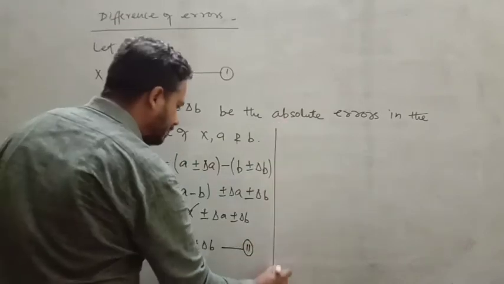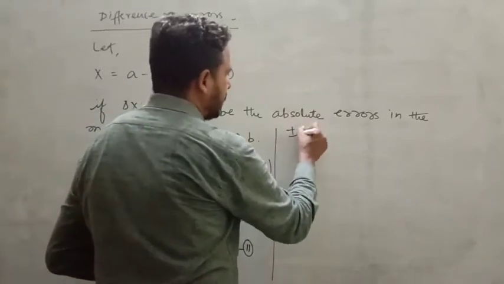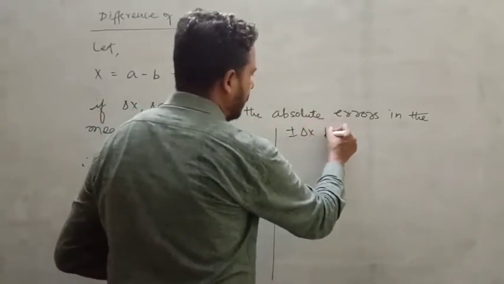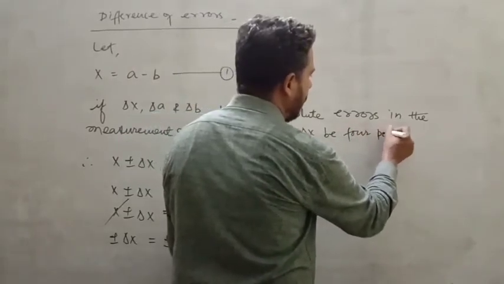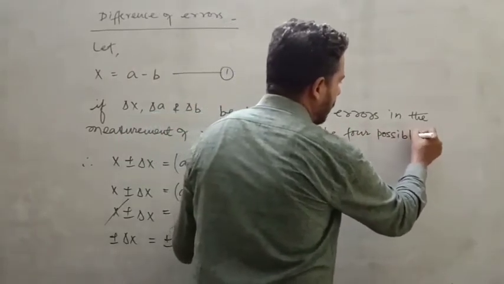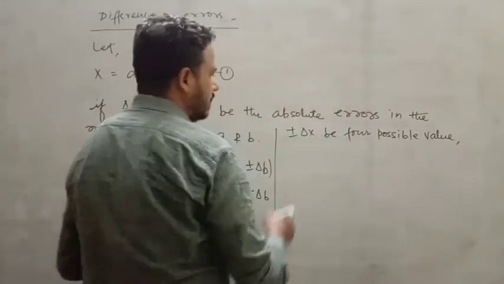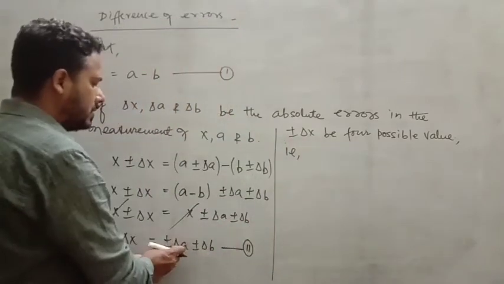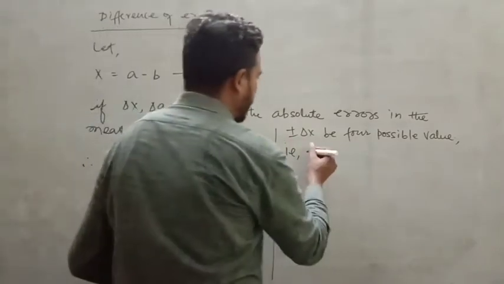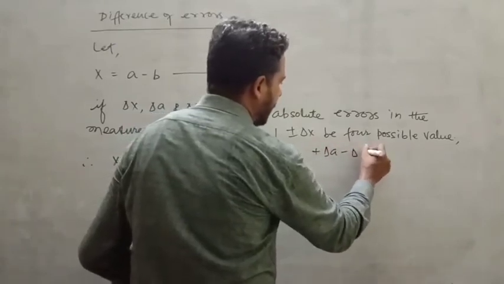Now plus minus delta X, for the possible values like the previous one. So once it is plus delta A and the second one is minus.